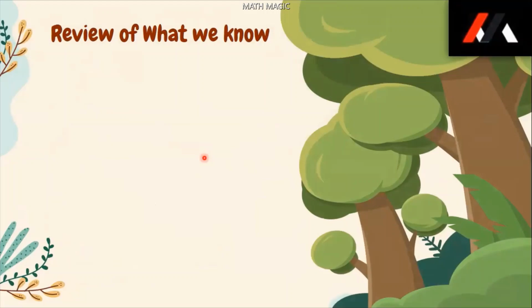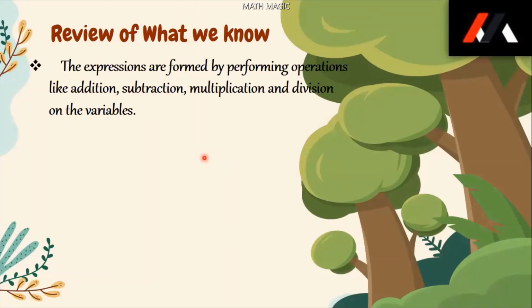Now, a review of what we know. Expressions are formed by performing operations like addition, subtraction, multiplication, and division on the variables. Now, what are these operations we are referring to here?